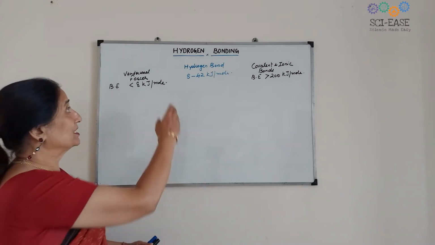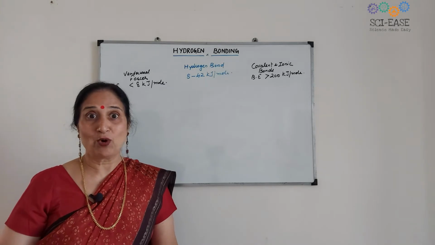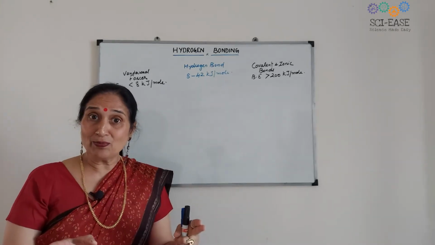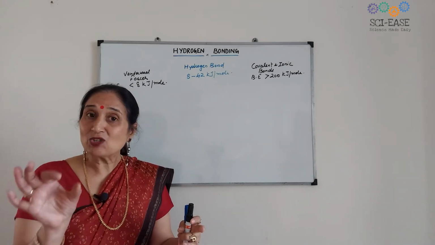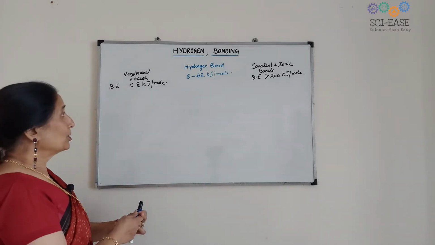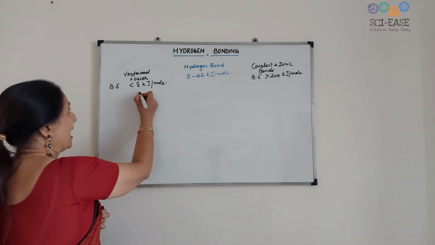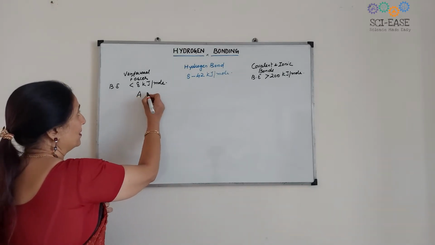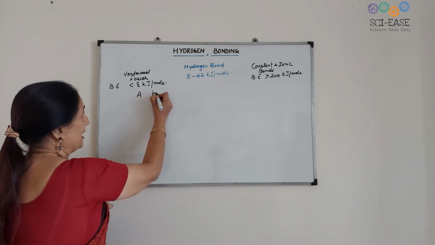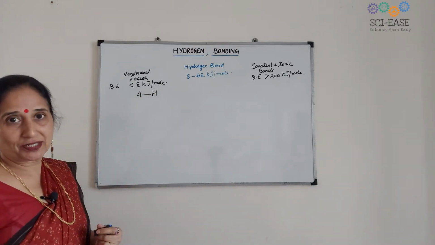Now I will tell you something about the hydrogen bond. In hydrogen bond, presence of hydrogen atom is a must. Okay? Suppose there is atom A and H, where there is bond formation.